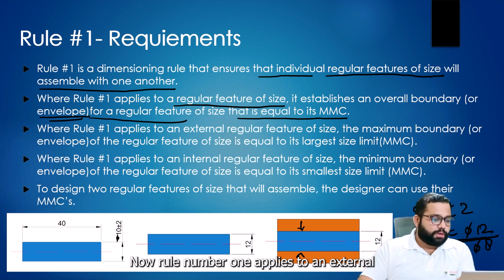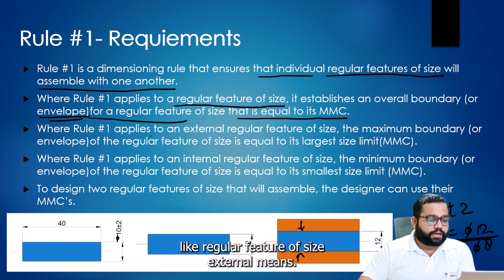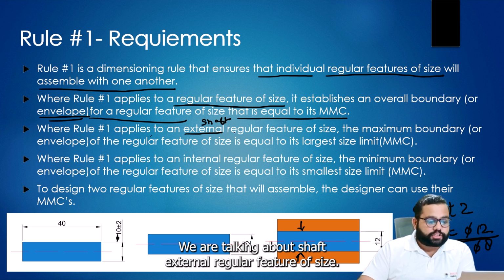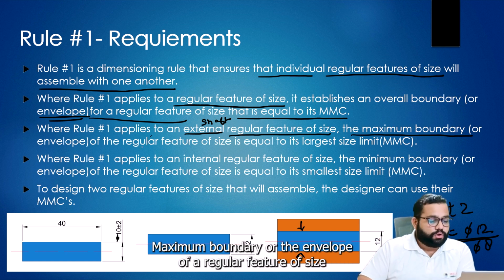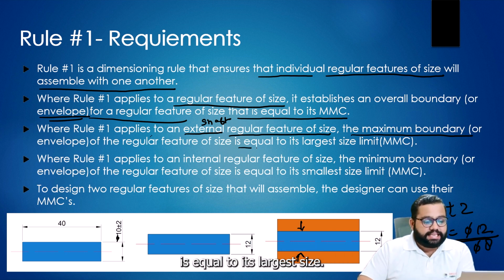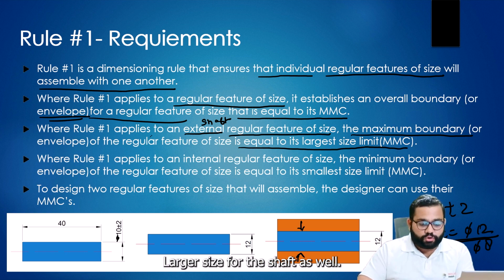Now, rule number 1 applies to an external regular feature of size. External means we are talking about the shaft. The maximum boundary, or the envelope, of a regular feature of size is equal to its largest size. The largest size for the shaft is 12 mm.